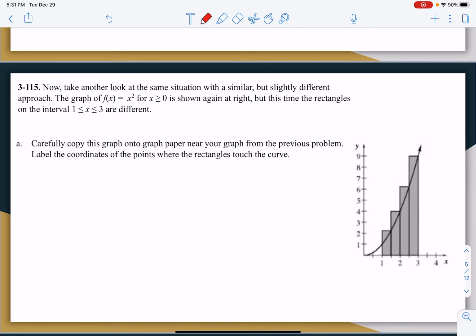So now we're going to look at the exact same graph, but we're going to move our rectangles. So we're still going to use 4 rectangles. We're still going to evaluate it on the same interval. We're still going to use the exact same curve.